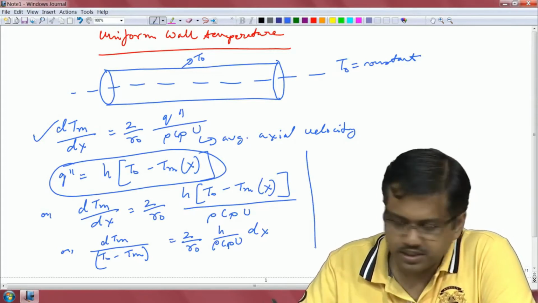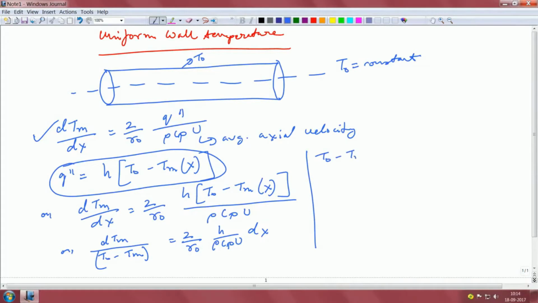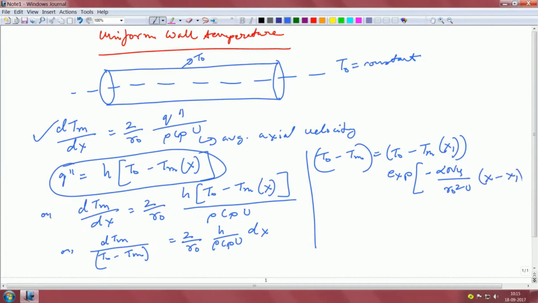Now, once you integrate the whole thing, it is basically given as follows. What does this mean?